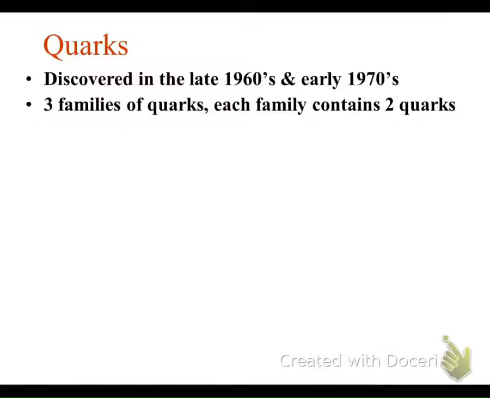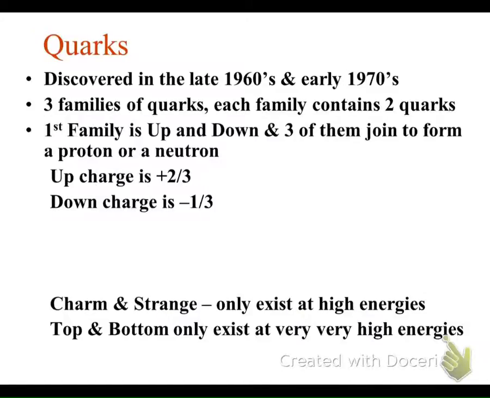I told you I'd get to quarks, so what are quarks? Quarks were discovered in the 60s and 70s, and there are 3 families of quarks, and each family contains 2 quarks. Essentially, they helped figure out the overall charge of a particle in the atom. The first family is an up and a down, and 3 of them join to form a proton or a neutron.